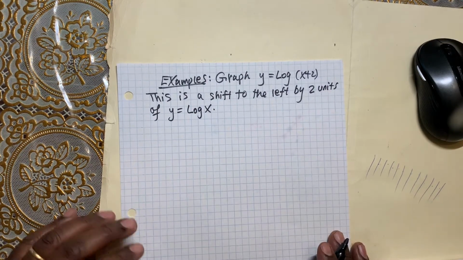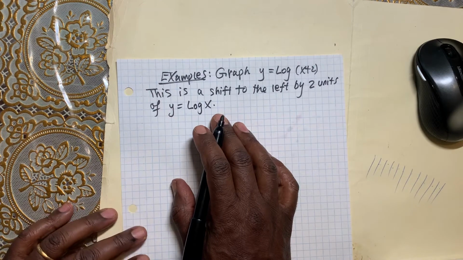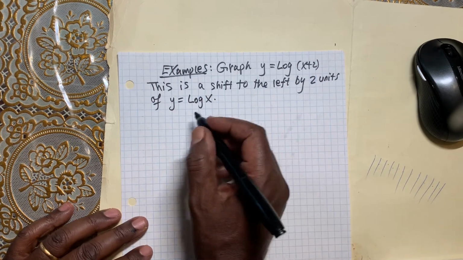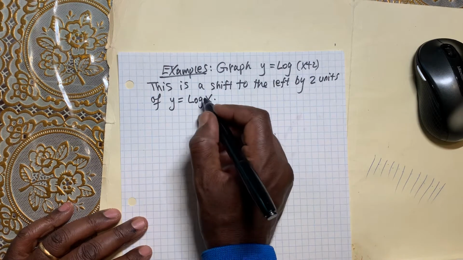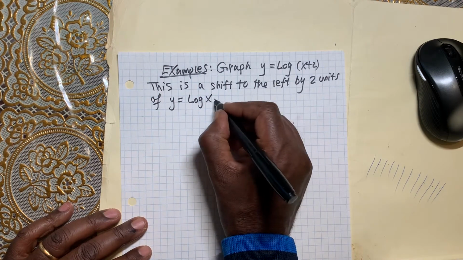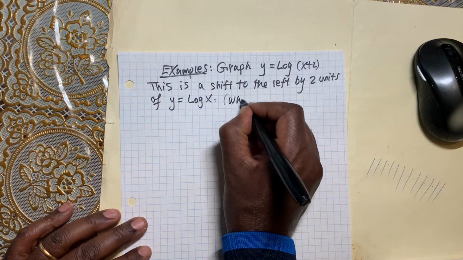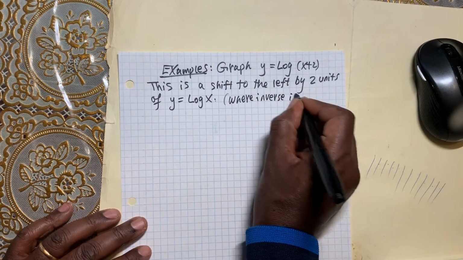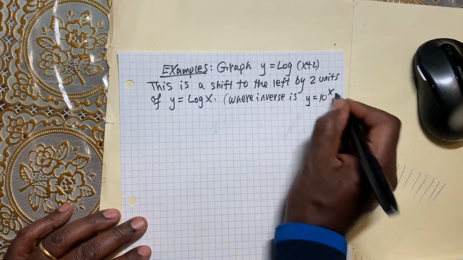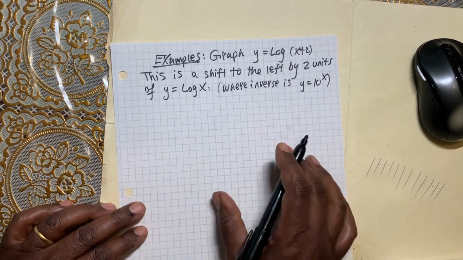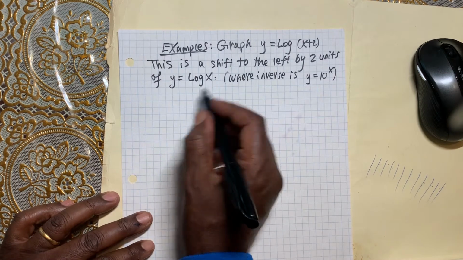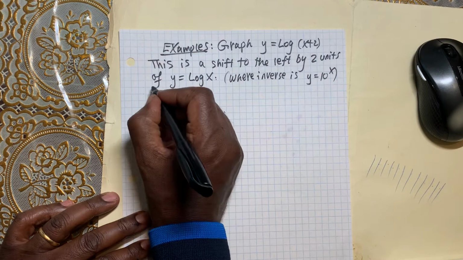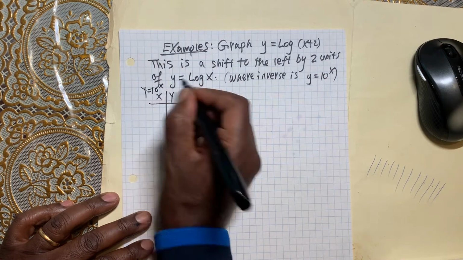This is logarithm to the base 10, and I know how to graph logarithm to the base 10. For instance, the inverse is y equals 10 to the power of x. So if I want to graph log x, I graph y equals 10 to the power of x first.